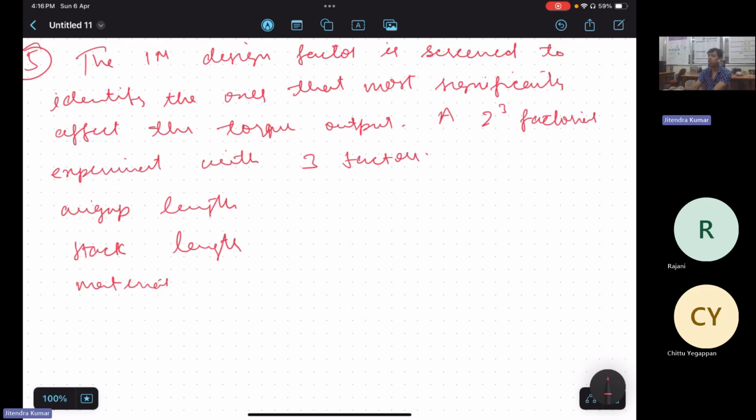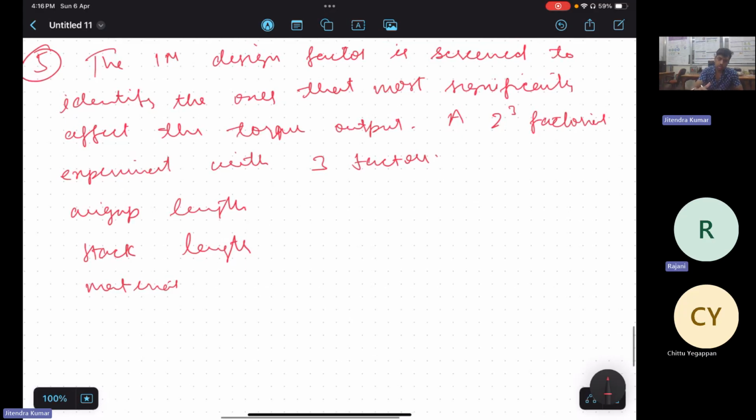So see here what is happening. In the first simulation, all three are decreasing: air gap, stack length, and C is material. So all are low, right?